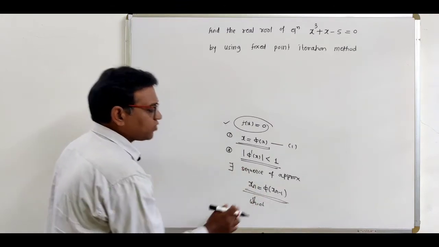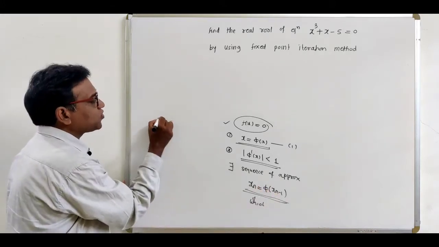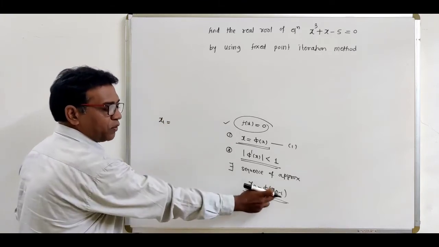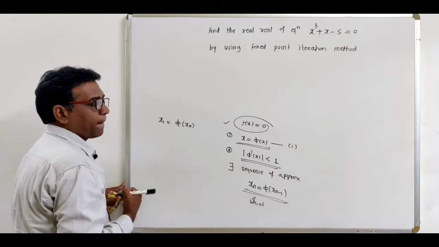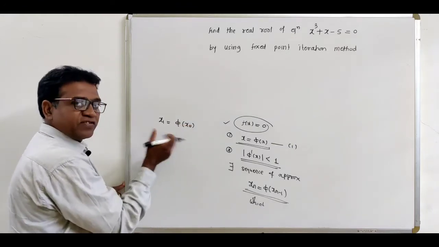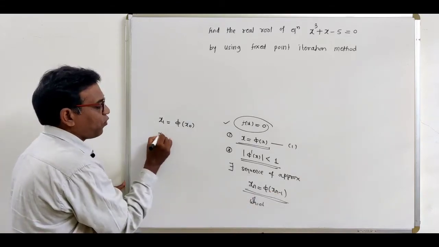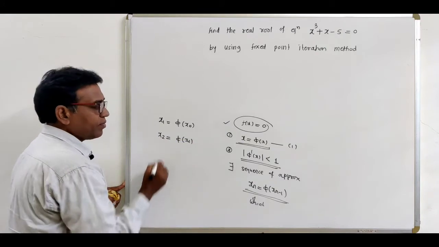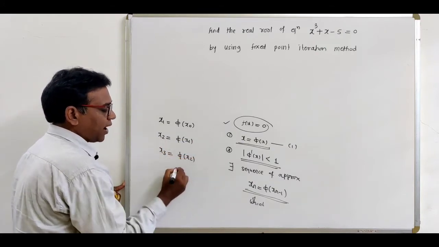So what is this approximation? If you put n equal to 1, then what is x1? The first iteration is given by x1 = φ(x0). So it gives the first iteration. If you put n equal to 2, then x2 will be φ(x1). Put n equal to 3, x3 will be φ(x2), and so on.